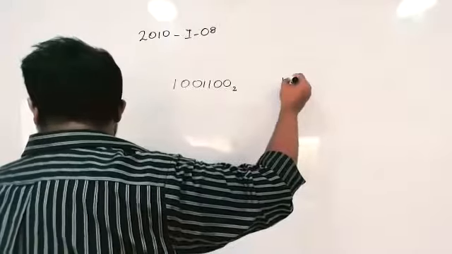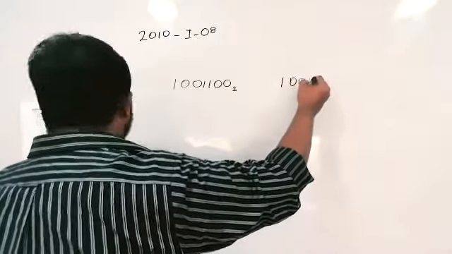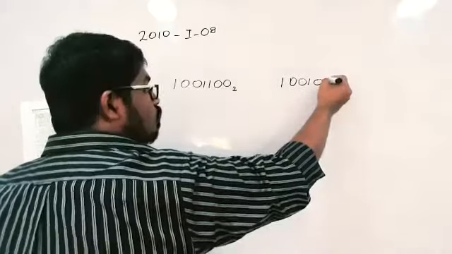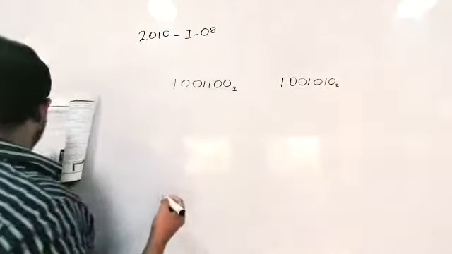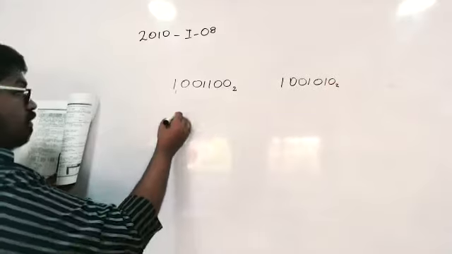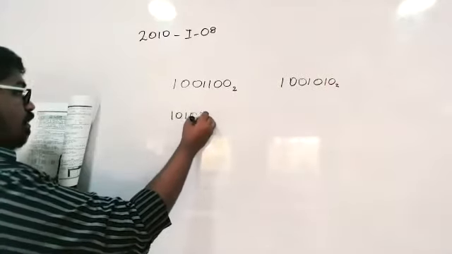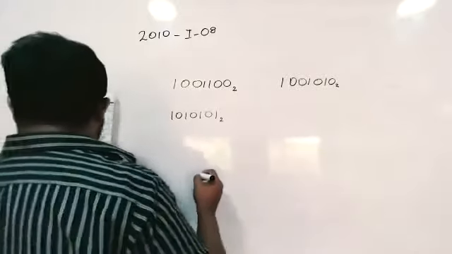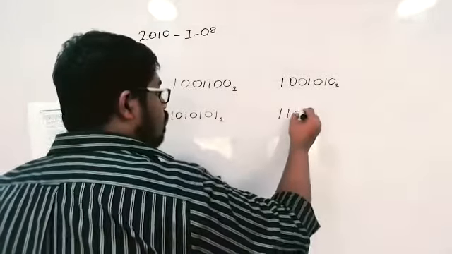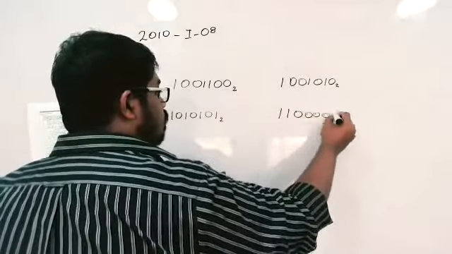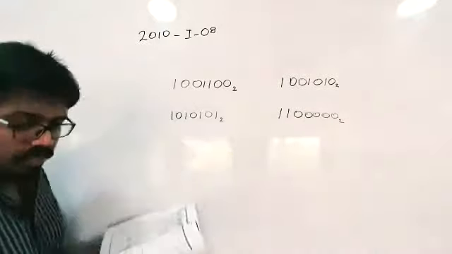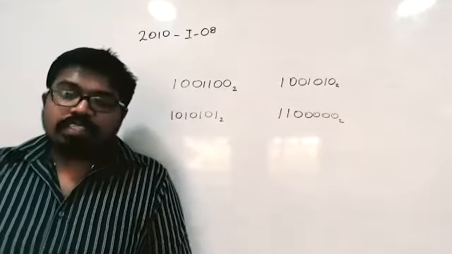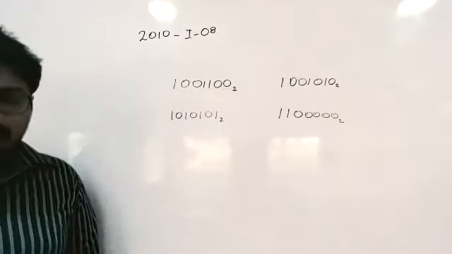The second answer option is 1101010 base 2. The third answer option is 1010101 base 2. The fourth answer option is 11 5 times 0 base 2. So they ask you the largest one. There's a very simple method to do it.